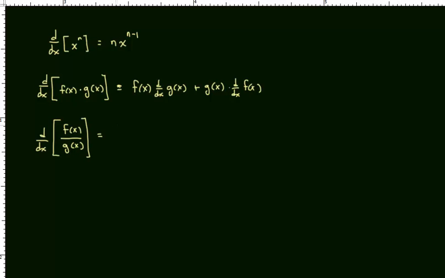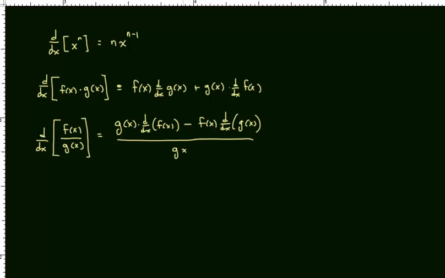Bottom times the derivative of the top minus top times the derivative of the bottom all over the bottom squared.